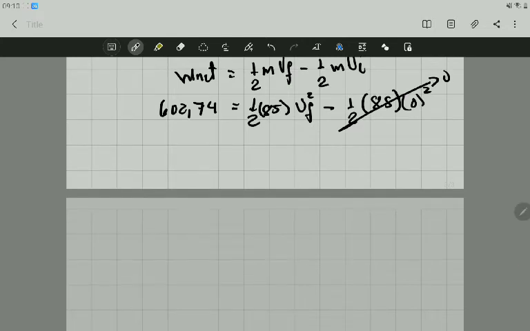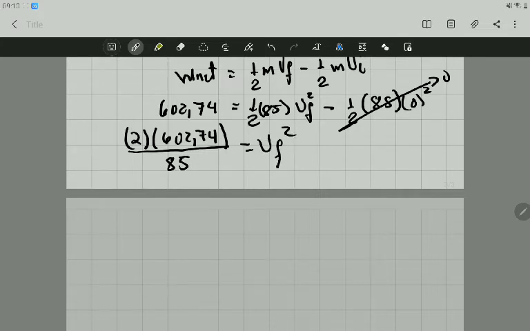Alright, so the 2 that is dividing here, you move to the other side, multiplying. So you have 2 multiplied by 602.74, and the 85 comes down here, divided by 85, equal to the final speed squared.